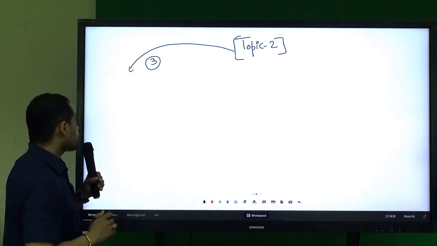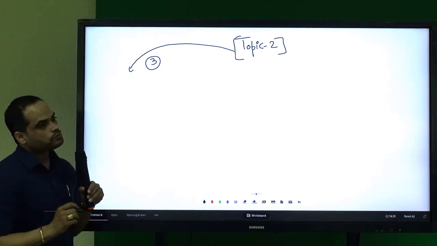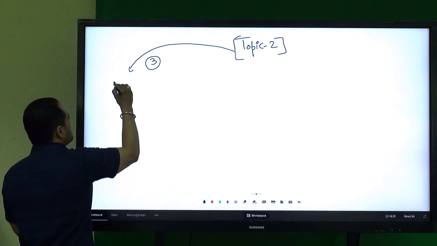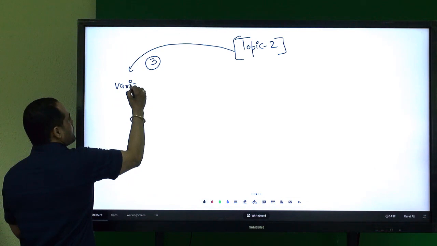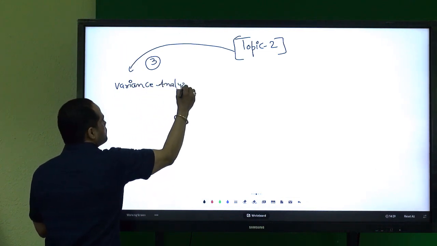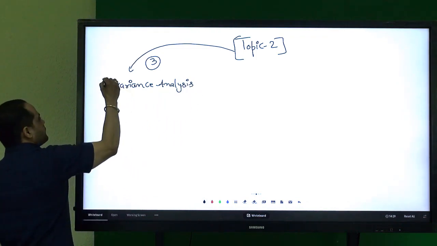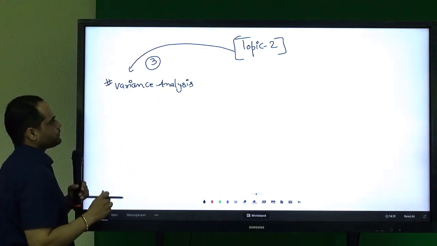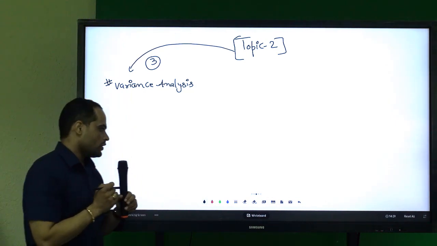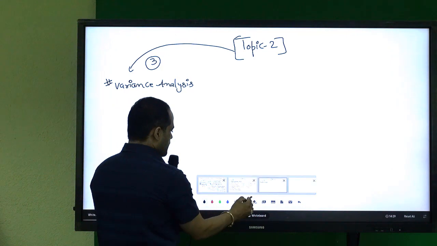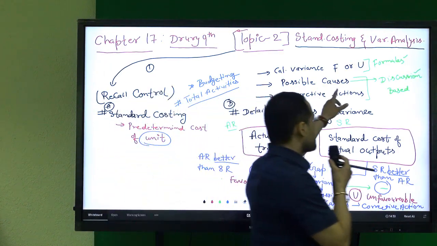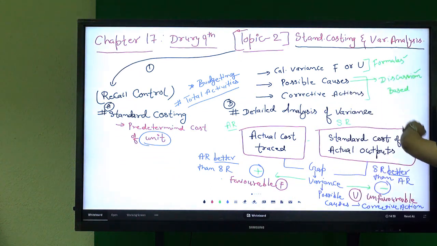So now learning outcome 3 is about variance analysis. As I explained to you in learning outcome 1, we're going to study different kinds of formulas.